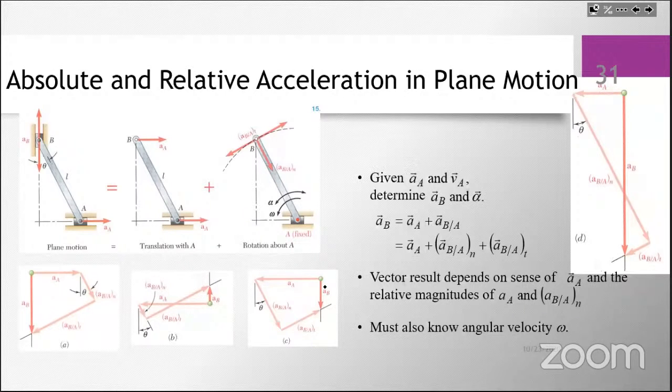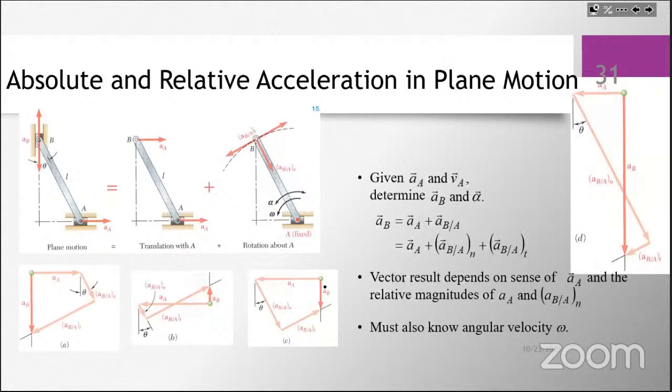I can write out my equation: a_B is equal to a_A plus a_B with respect to A. These relative acceleration and velocity equations will be provided, but remember, this stems from a_B/A is equal to a_B minus a_A. That's how we defined this a few weeks ago.